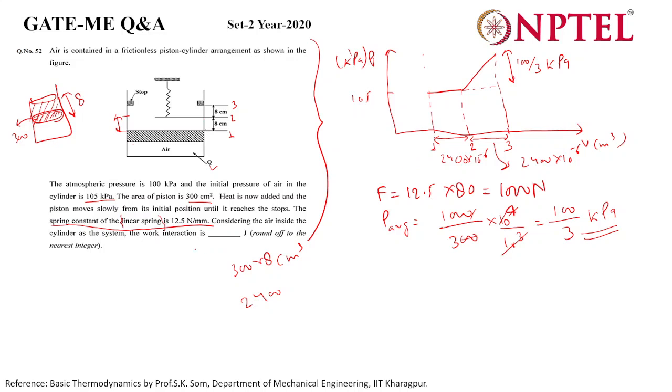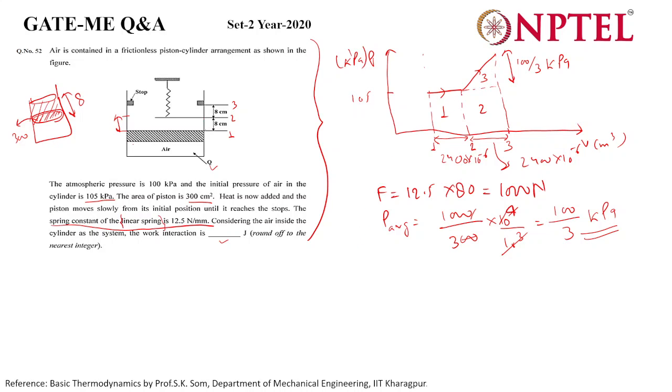So you have to find the work interaction in joule. So simply find the area under the curve, correct? We know all the values here. That's why I'm asking. Area under the curve is the net work done, right? So here to here, there are 3 areas. So find the area of all 3 and simply add.